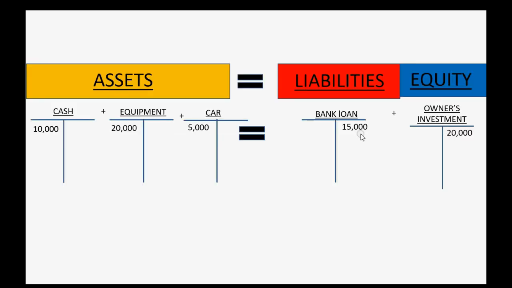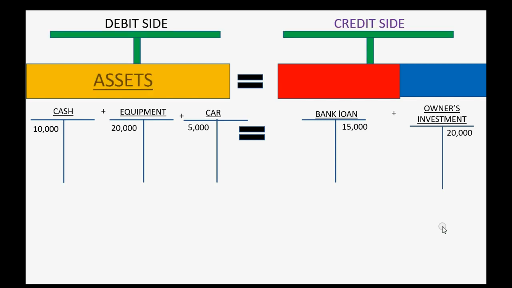The most helpful way to think of the relationship between our fundamental accounting equation and the idea of debits and credits is as follows. Assets were presented in this equation on the left side. So you could think of them as normally being on the left side, which means they would normally have a debit side balance. And on the less frequent occasion where you have to put a minus to an asset, you would put that on the credit side of that asset's T account.